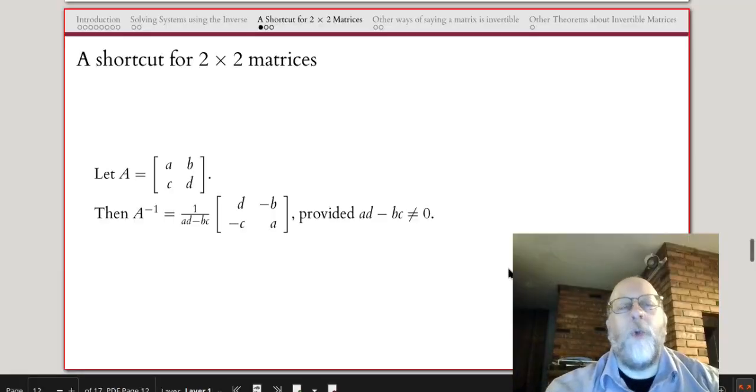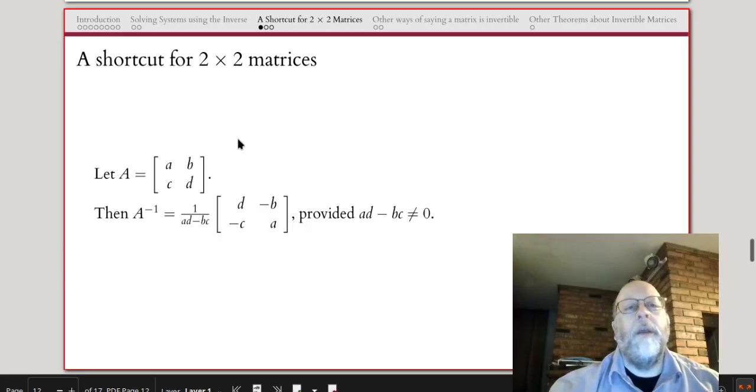I promised you a shortcut for 2 by 2 matrices, and here it is. If I have a matrix with 4 entries in here, a 2 by 2 matrix, then we're going to do 3 things. On the main diagonal, the A and the D are going to change places.